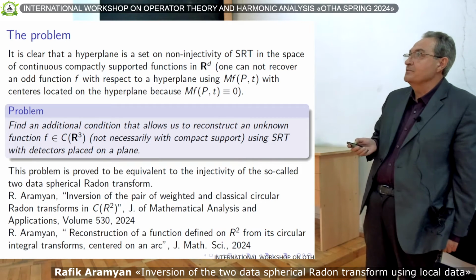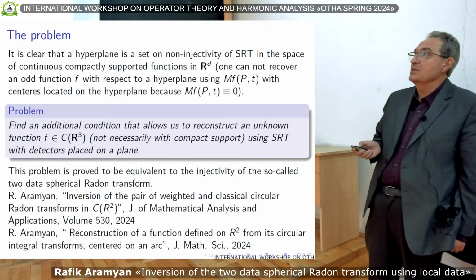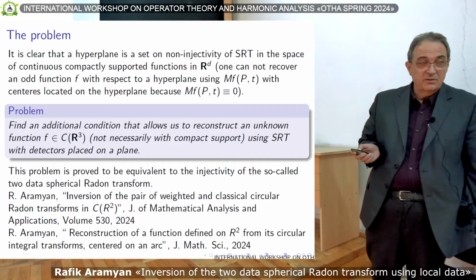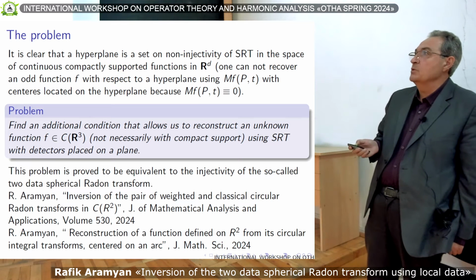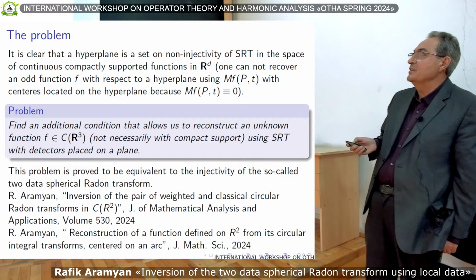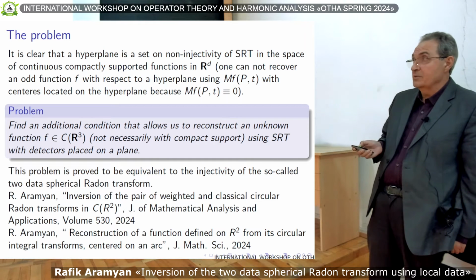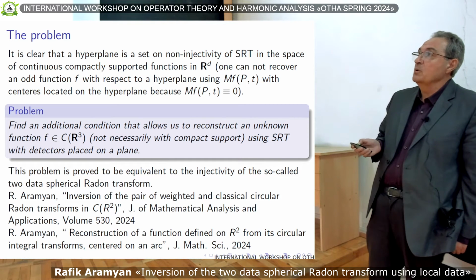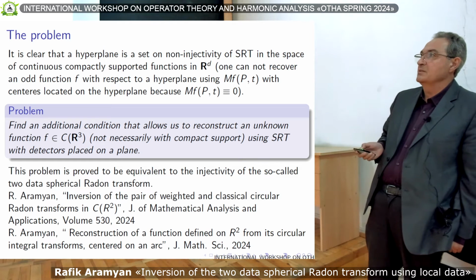Now we are in the three-dimensional case, not necessarily with compact support, using SRT with detectors placed on a plane. And this problem is proved to be equivalent to the injectivity of the so-called two-data spherical Radon transform. By the way, the problem was already solved and printed in two articles in the two-dimensional case.